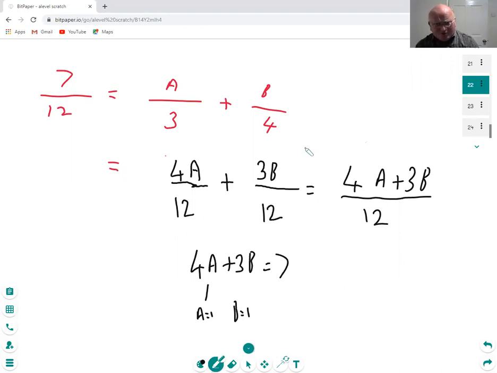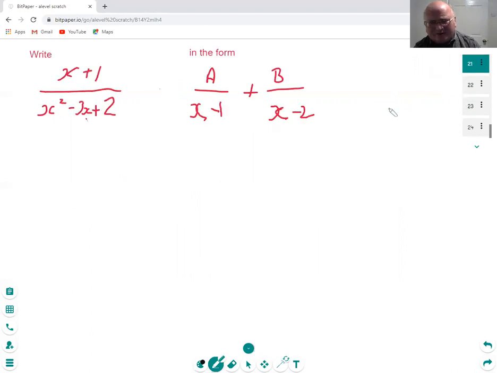For example, if b were 2, then a would be a quarter, and actually that would work too. Anyway, we won't worry about that too much at the moment. a = 1 and b = 1 is a perfectly decent solution. So we're going to go back and do the algebra one now.